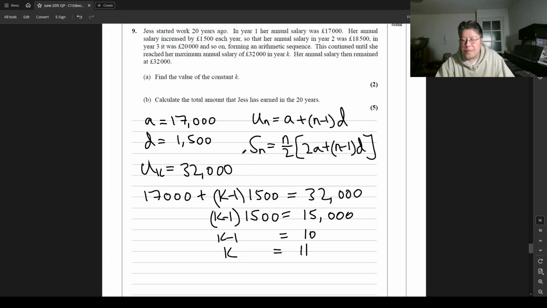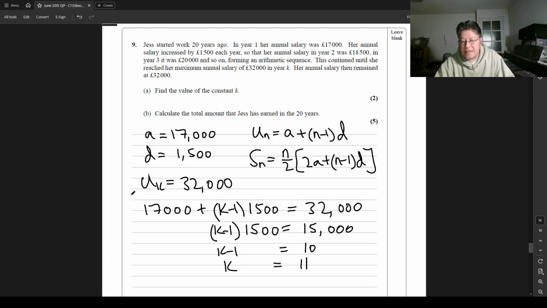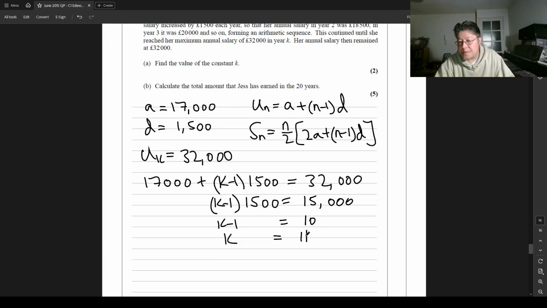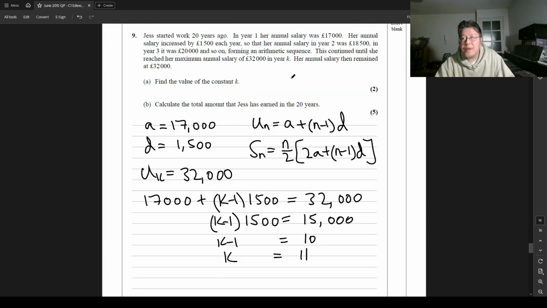And part B, they want us to work out the total amount earned in 20 years. Now we have to be a little careful here because the answer's not S20, because her salary doesn't go up and up and up. On the 11th year it remains the same.